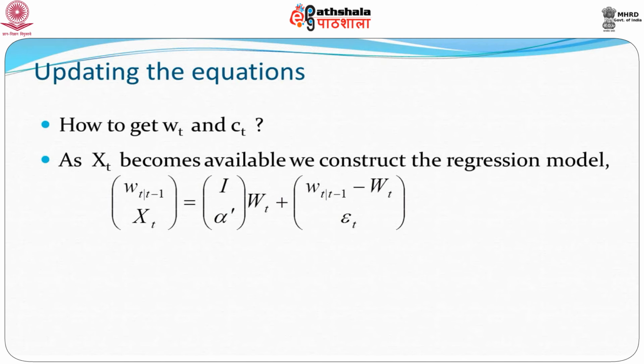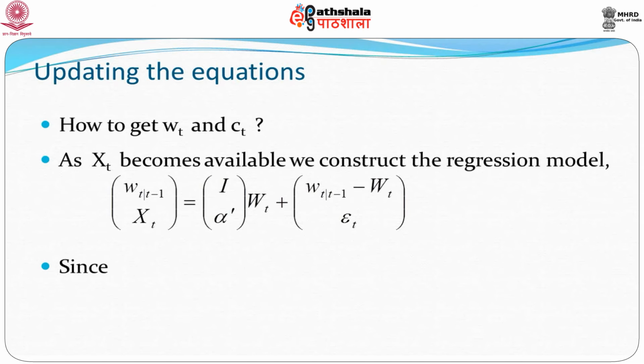Actually the capital Wt cancels off, and we have an identity as the first set of equations. As for the last equation, it is xt equal to alpha prime Wt plus epsilon t, but that is exactly what we have in the model. So, we can take this together. The first is a set of identities which we put slightly differently, taking Wt given t minus 1 as capital Wt plus Wt given t minus 1 minus Wt, and the second as the original observation equation itself.